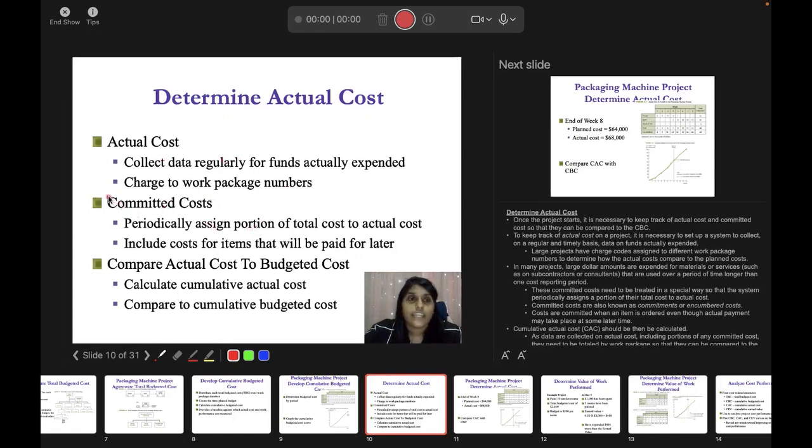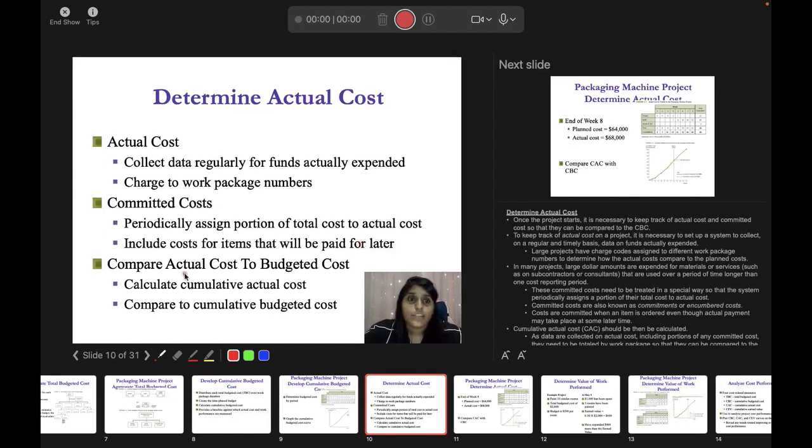Okay, and then you have your committed cost, periodically the assigned portion of total cost to actual cost. Okay, include costs for items that will be paid for later. Your committed cost is something where you have taken the item, or you have booked several items, several equipment, several facilities, and then you are going to pay for it later.